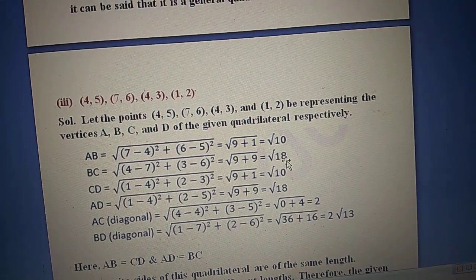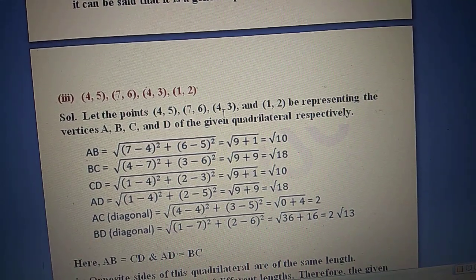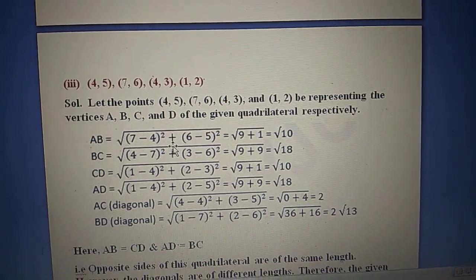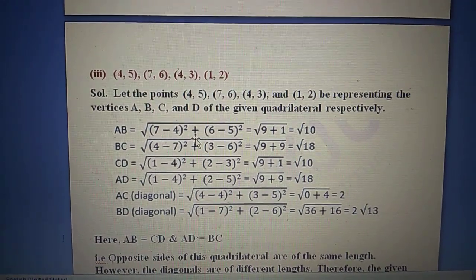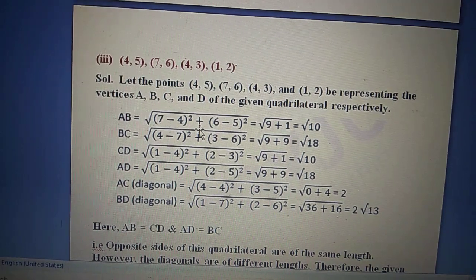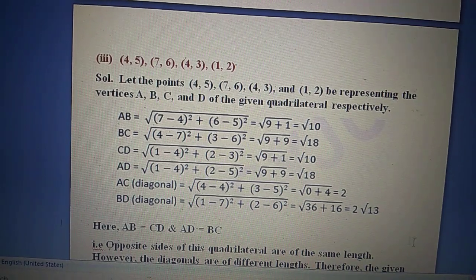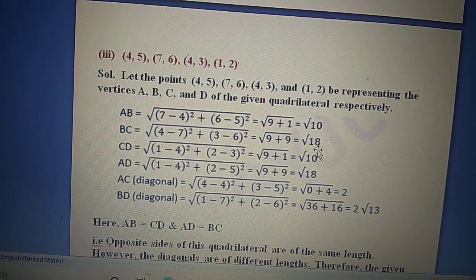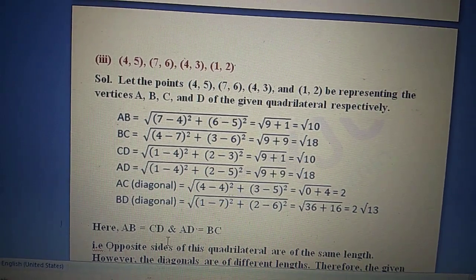Again, in the same way, we are given the coordinates and we have to find the sides. We have obtained the sides AB, BC, CD, AD, and the diagonals are 2 and 2 root 3. Here we find that opposite sides are equal, that is AB is equal to CD and AD is equal to BC.